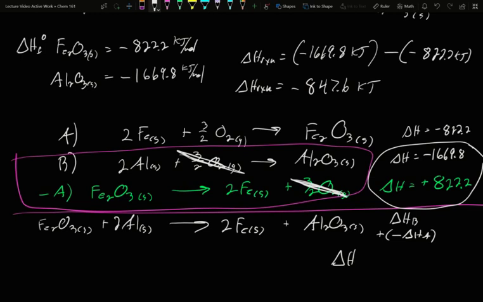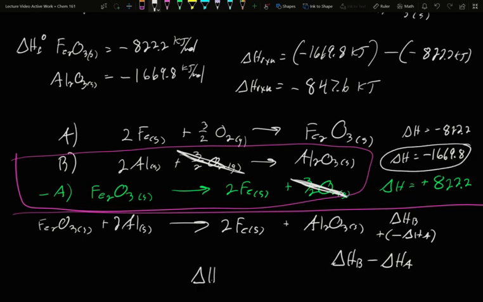Effectively, I have delta H of reaction B minus delta H of reaction A. And what was reaction B? It was the delta H of formation of aluminum oxide. So really what I have is the delta H of formation of my product minus the delta H of formation of my reactant.